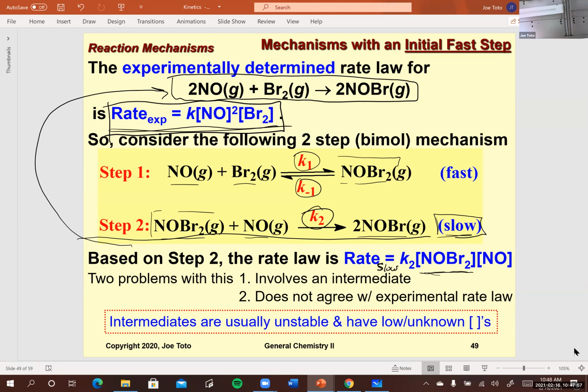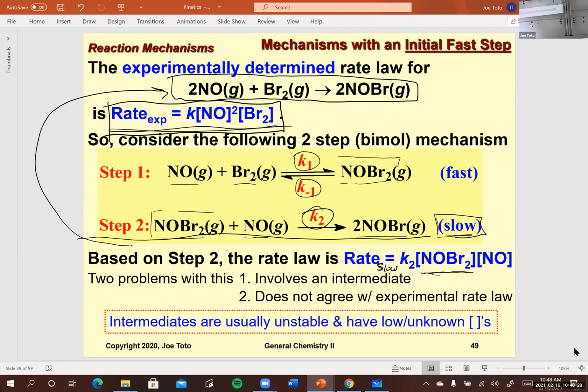And if they're not colored, then you can't use a Beer's law analysis and so forth. So it's really hard to track changes in concentrations of intermediates. So is there a way to look at this rate law and somehow rationalize why this mechanism can still be possible?